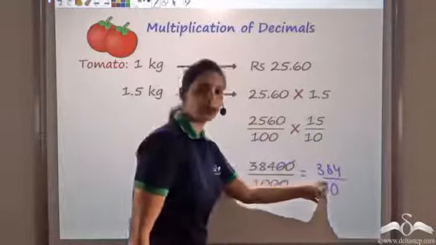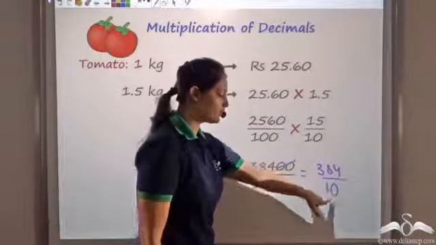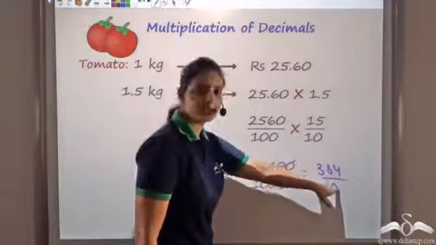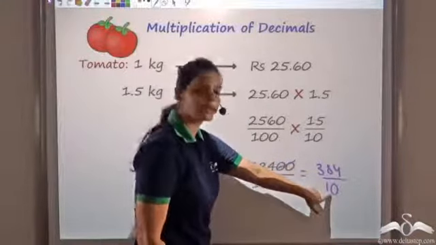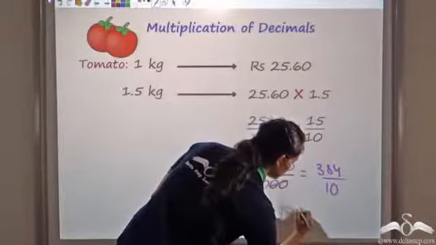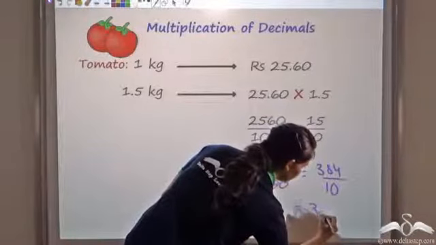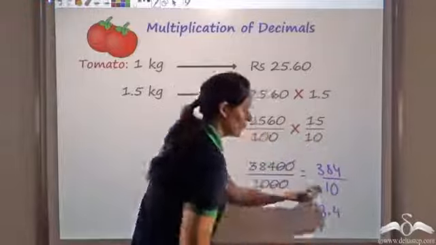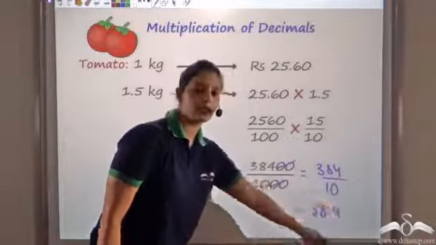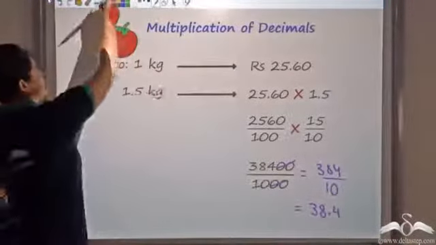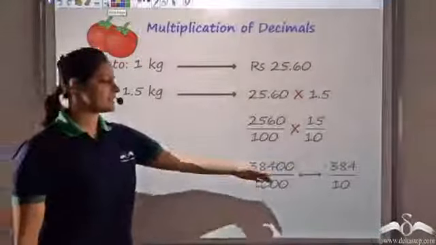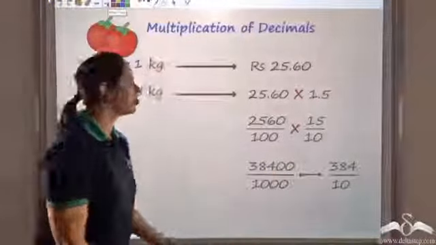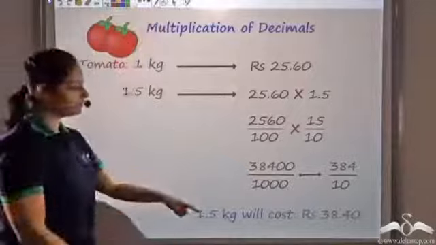Or I can simply convert it to a decimal, because the denominator is a power of 10. Converting to decimal, that is 38.4. Or you can see this is same as 384 by 10, and you can write it as 38.4.